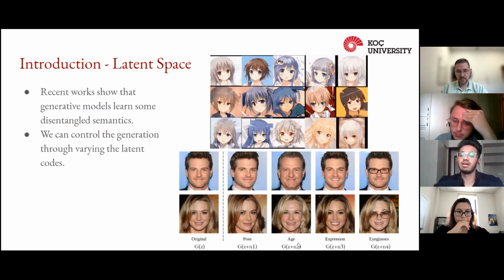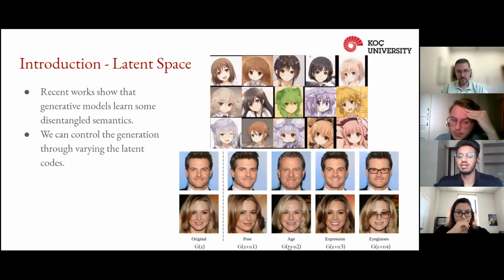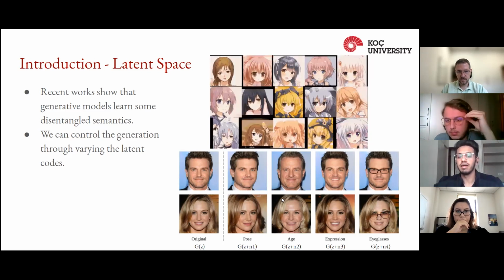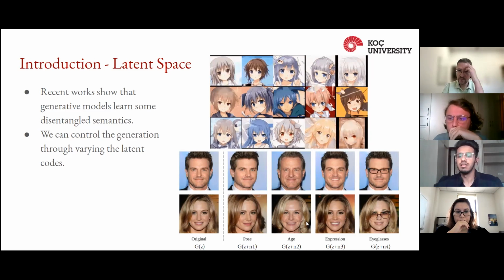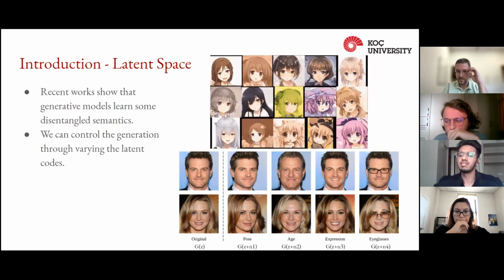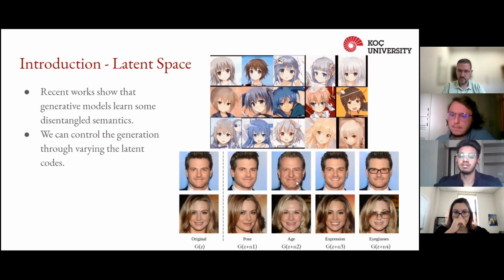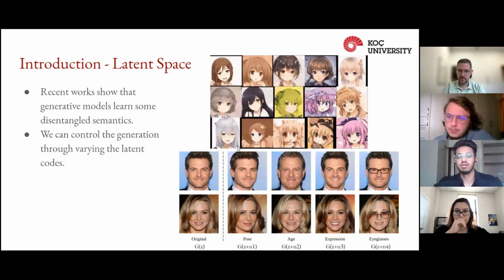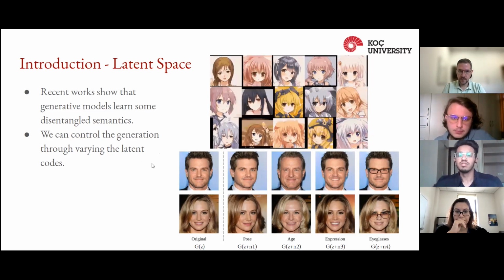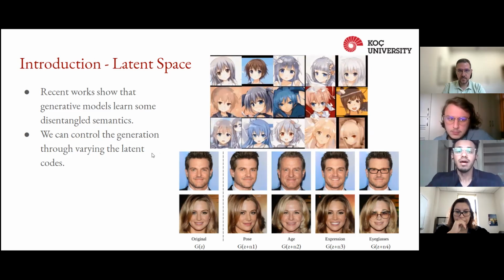If we take another direction N2 and change the latent code slightly, it changes the age. Similarly, each direction changes a specific feature in the image while preserving the identity. The identity of the people remains the same. So this was about the latent space.